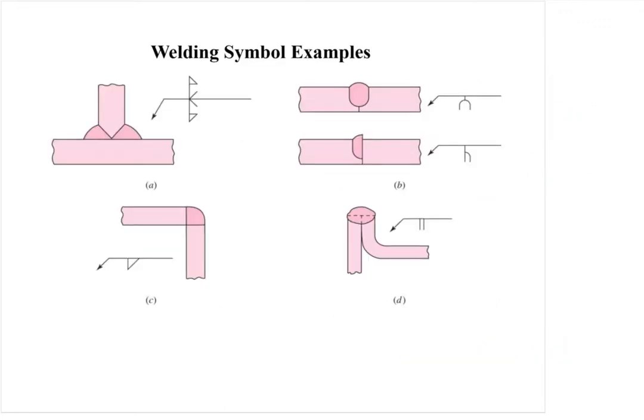And then here we have additional symbols, a different type of fillet weld here where you have a beveled surface. That's probably about as complicated as it gets in this course.